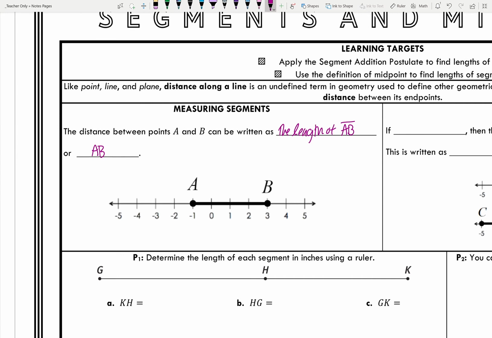So the length of any segment you write as the segment name without the segment symbol on top. Okay? This is what this means. Important. Know that, please. So for this one, the length of AB would just be 1, 2, 3, 4. We write it as AB is equal to 4.